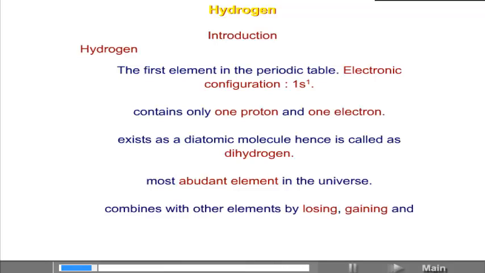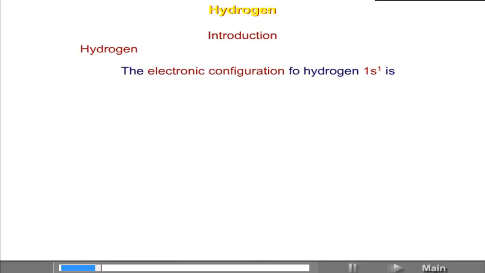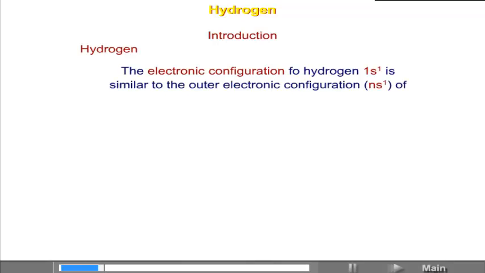Combines with other elements by losing, gaining and sharing of electrons. The electronic configuration of hydrogen, 1s1, is similar to the outer electronic configuration ns1 of alkali metals.